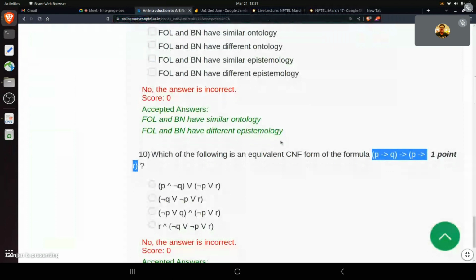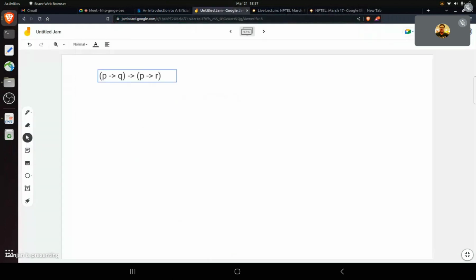The last question, which of the following is the formula? I think I already copied it there. Okay. So you can resolve this to: P implies not Q will become not P or Q. This implies not Q or R, right?